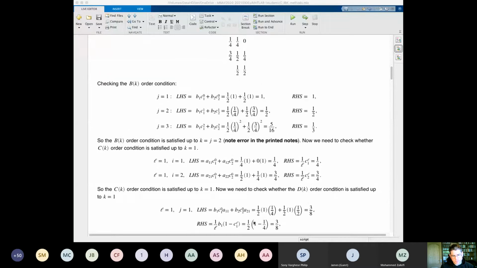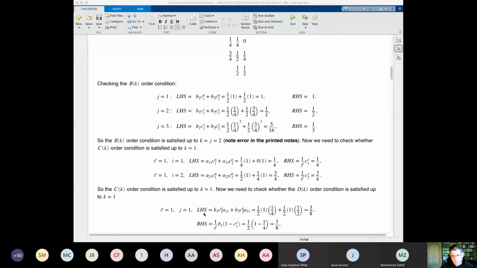So it's a half times a quarter, B1 times A11, plus a half, which is B2, times a half, which is A21. So we get 3/8. On the right hand side, we'll have 1 over 1 times B1 times 1 minus C1. B1 is a half, C1 is a quarter, so it's half multiplied by 3/4, and that's giving you 3/8.